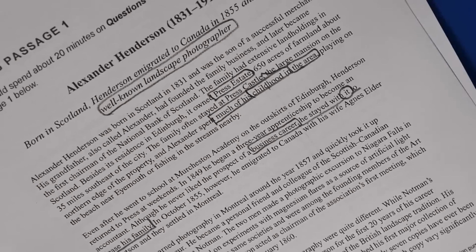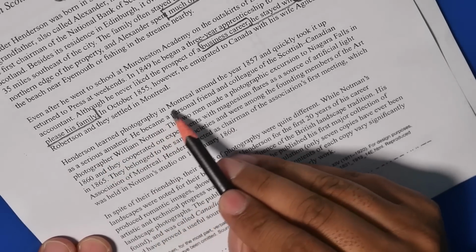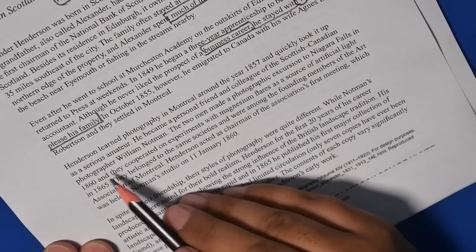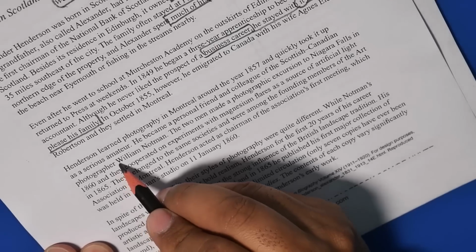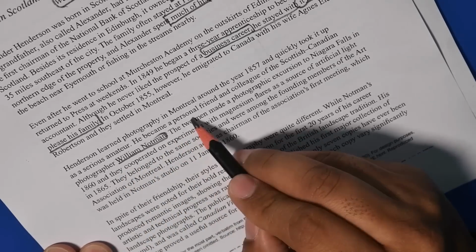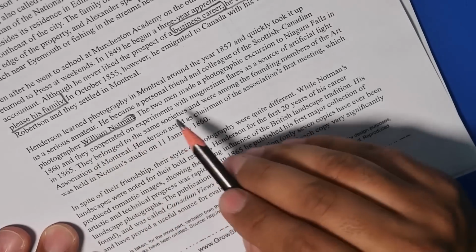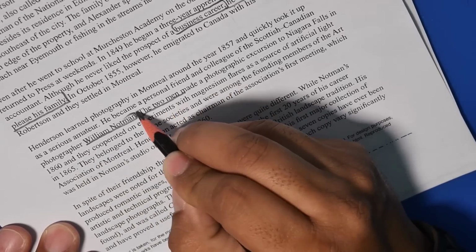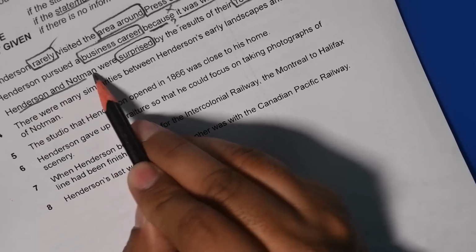Let's go on. Now they talk about Henderson over here, photography, Montreal and all that, because there is no mention of anything like that. Okay, he became a personal friend of photographer William Noteman. Now over here, he became a personal friend and colleague of the Scottish Canadian photographer William Noteman. The two men made, yes, the two men. Now see, over here they say the two men, and over there they say Henderson and Noteman.